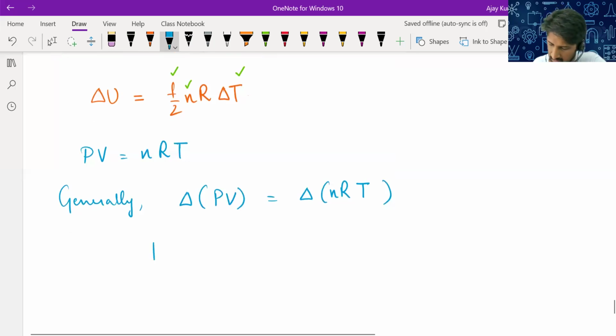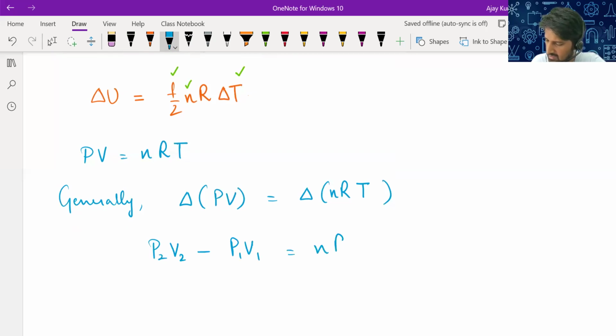What does that mean? P final V final minus P initial V initial will be, n and R are constants anyway, nR T final minus nR T initial. This can be done for any process. Change in the left hand side of the ideal gas equation is equal to change in the right hand side. See, these are some of the mathematical techniques that you can use while solving problems.